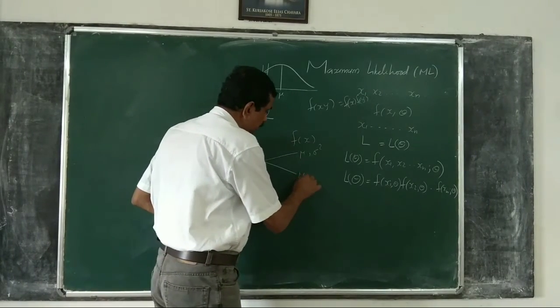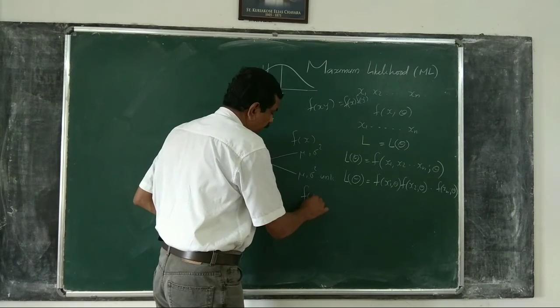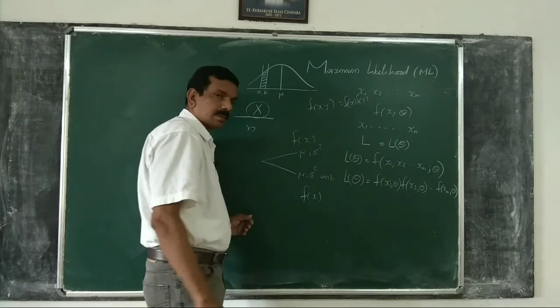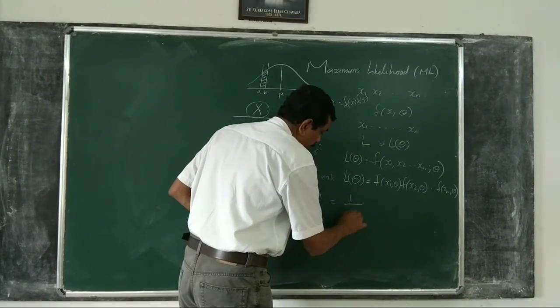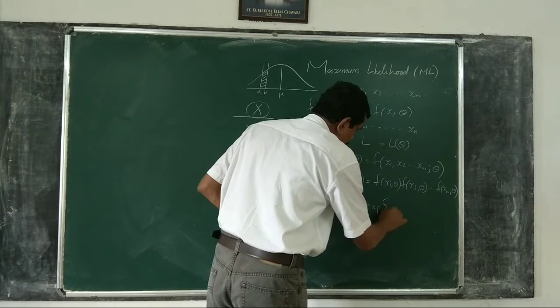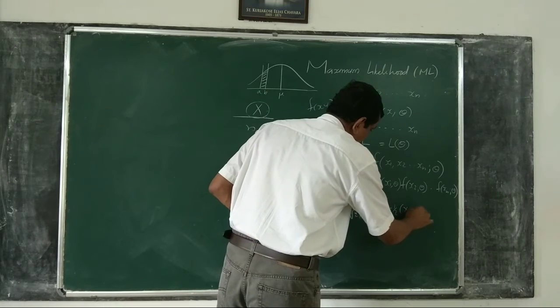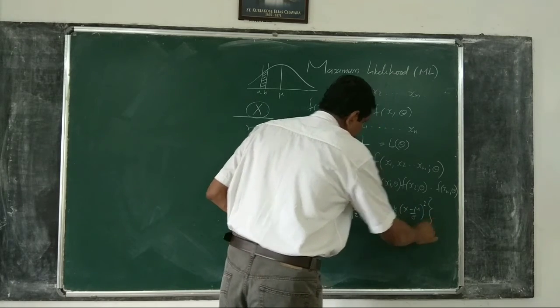If mu and sigma square are unknown, then the value of fx is, let me write it once more, 1 by sigma root 2 pi expected minus half x minus mu by sigma all square.